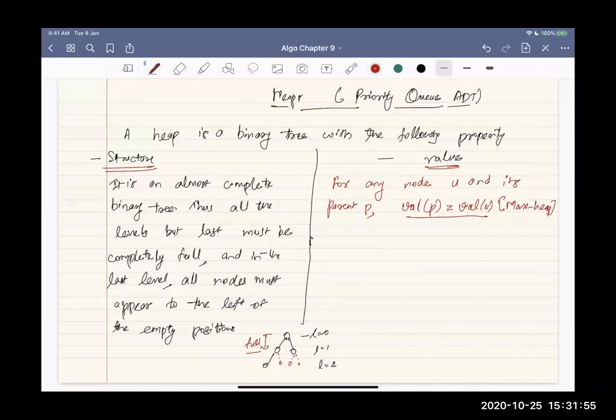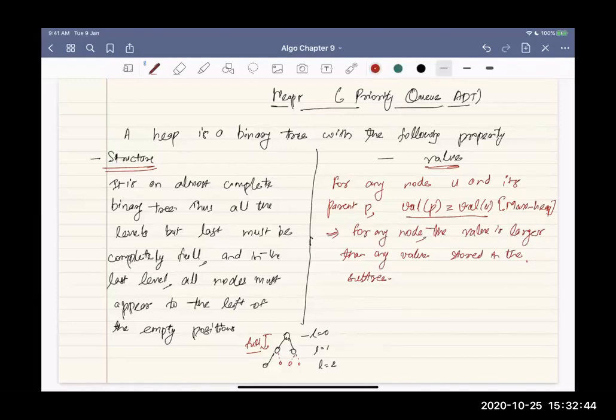Yeah. So the value of P has to be greater than or equal to the value of U, and so for any node, if you try to extend it, its value is larger than any value stored in its subtree, because its value is larger than its child nodes, and those child nodes have values larger than their child nodes, and so on.